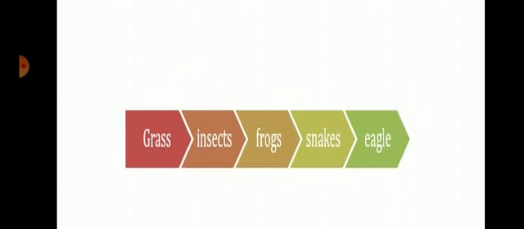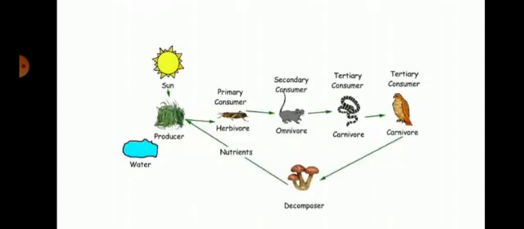Then we go to the interrelationships, new words. What is humus? Microorganisms feed on dead plant and animal tissues and convert them into a dark colored substance called humus.